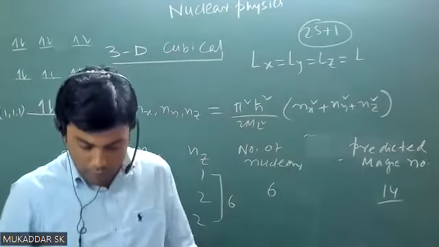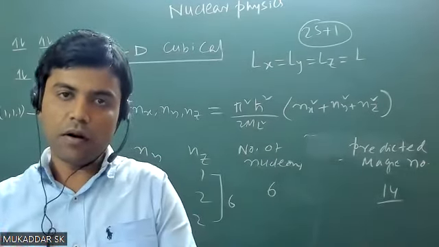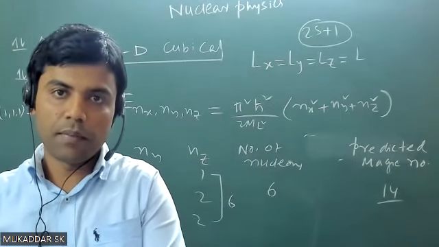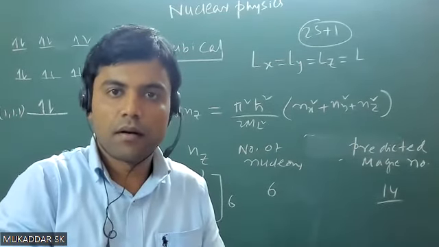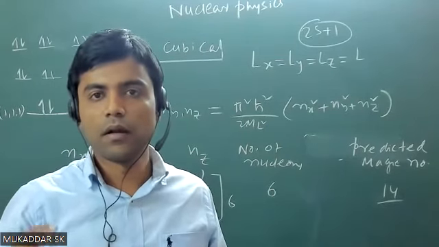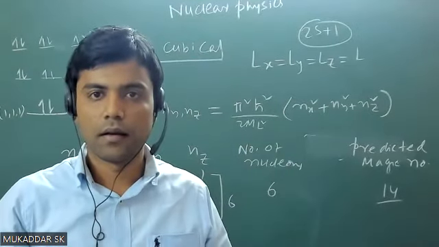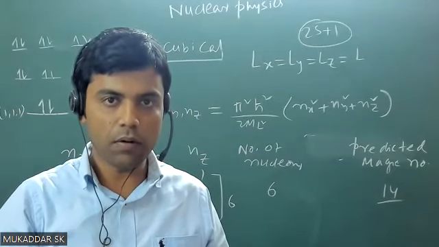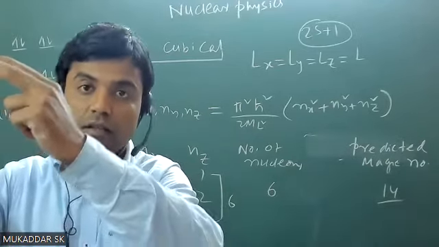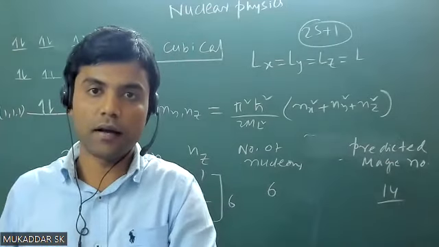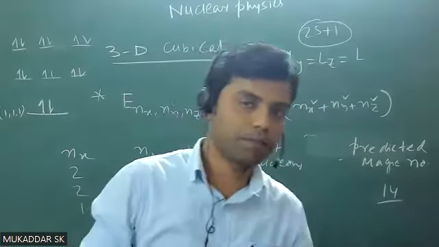So if you are thinking that your nucleus is of cubical shape, then the first 3 predicted, please try to understand, predicted magic numbers. Predicted magic number doesn't mean experimental magic number like that. Here it is not asked which magic number the cubical box predicts correctly. That is not asked, okay. You are asked what magic numbers would be predicted if it were a cubical box, the first 3 predicted magic numbers. It is not asked for the first 3 correctly predicted magic numbers. That is what is stated, okay.